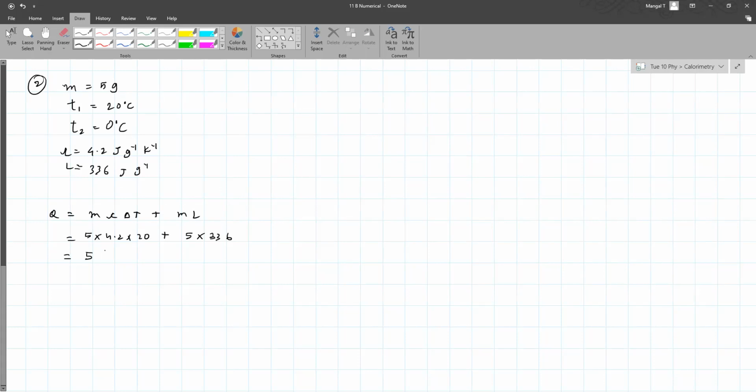So you can make your calculation easier. 4.2 into 20 is 84, plus 336. So that will be 5 into 420. So that will be 2100 joule.